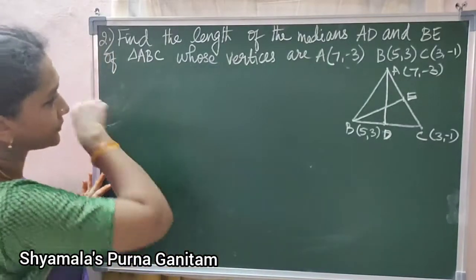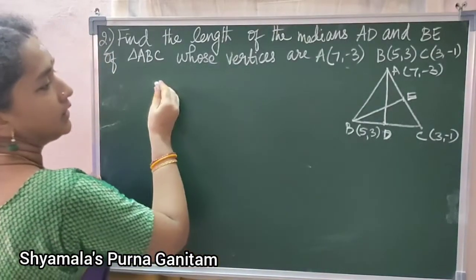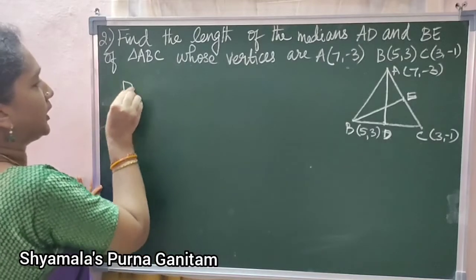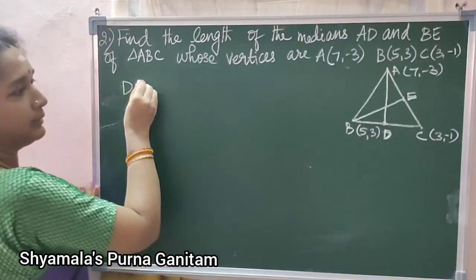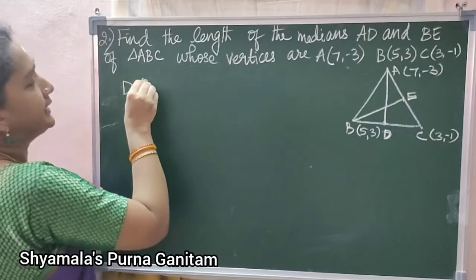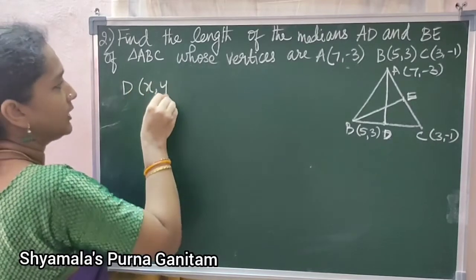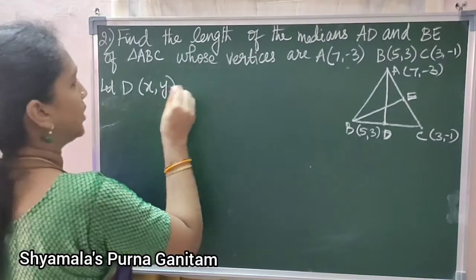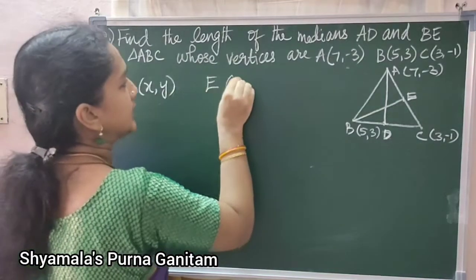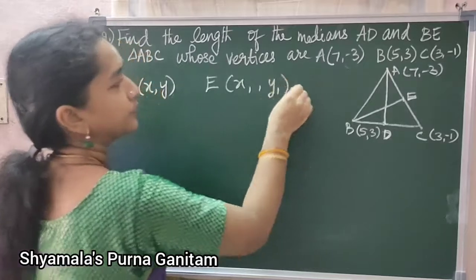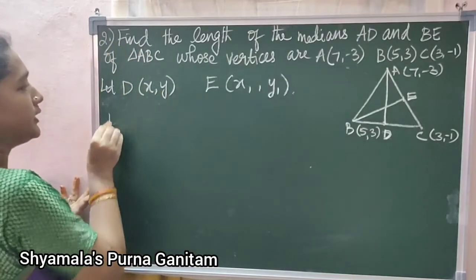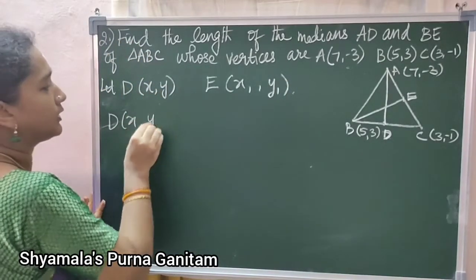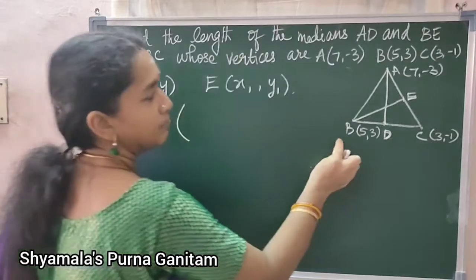Okay, so D is the midpoint. So let D be x comma y and E be x1 comma y1. Okay, so D x comma y is equal to BC.